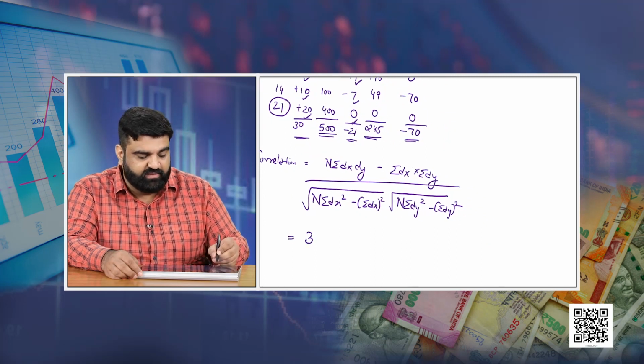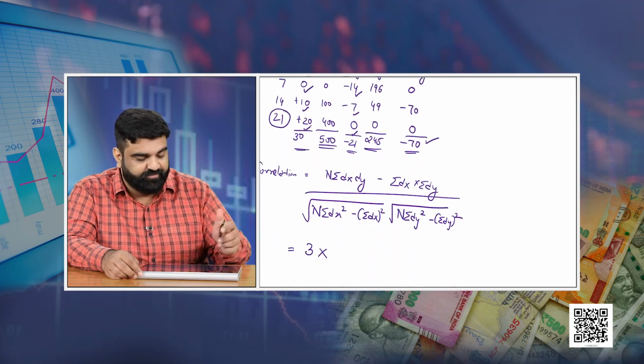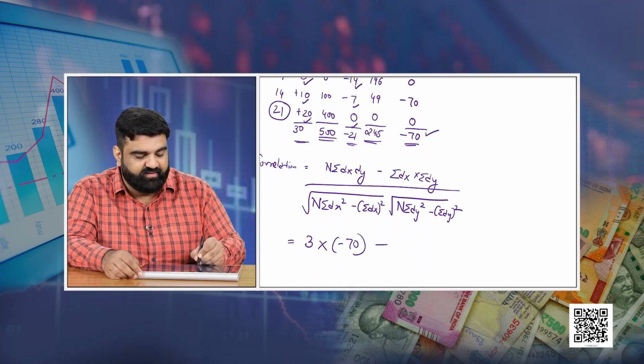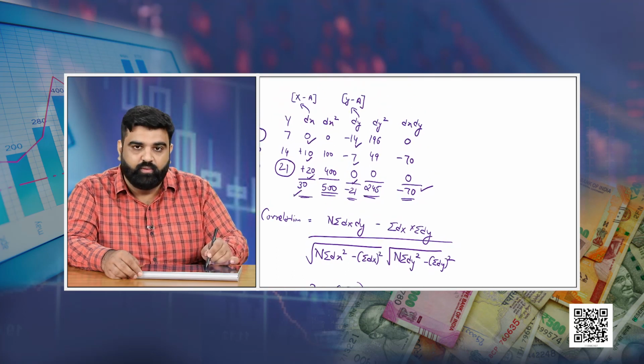So, let us put in the values. We have n as 3, sigma dx dy which was minus 70. Then we have sigma dx into sigma dy, so 30 into minus 21.